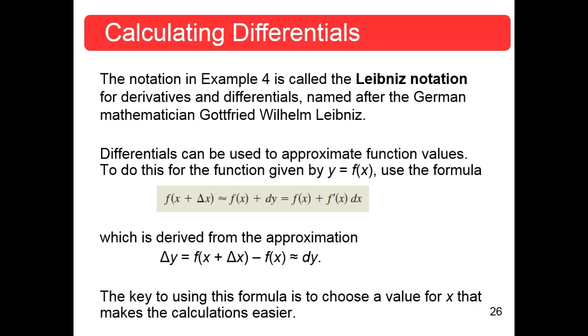All you did here was add this to both sides to get this. Okay? So the key to using this formula is to choose a value for x that makes the calculation easier. In other words, if you were calculating something at 4.05, well, let's just do f of 4 plus the change you get from a 0.05. And do your dy with that using your f prime. So that's what they're getting at.